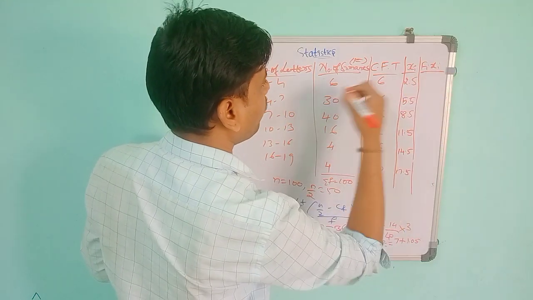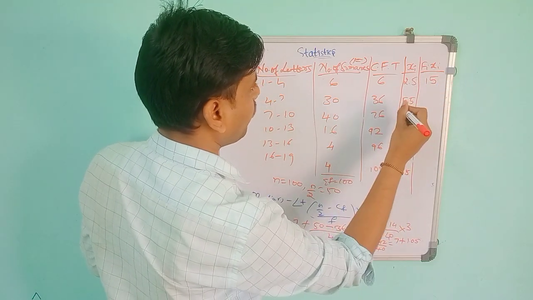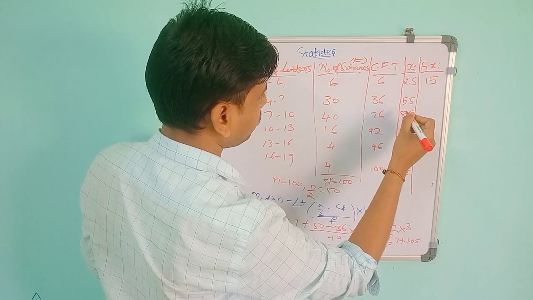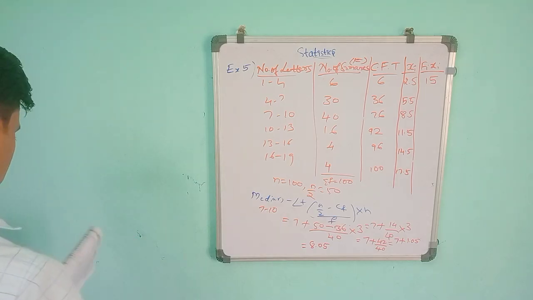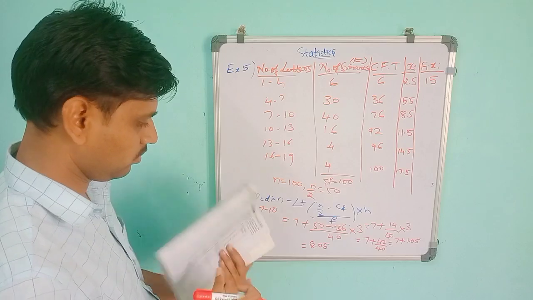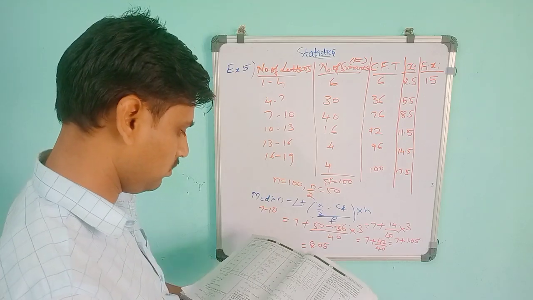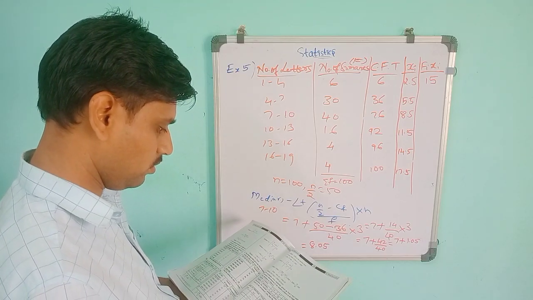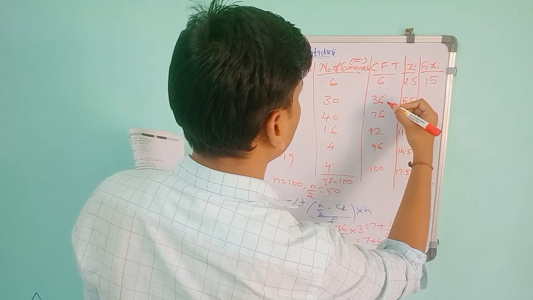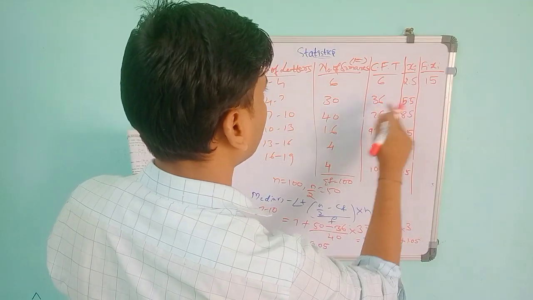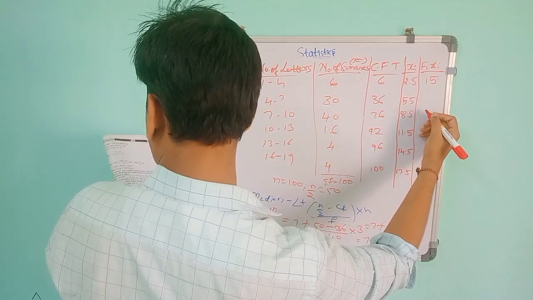So 6 into 2.5 is 15. Then 30 into 5.5: 30 times 5 is 150, 30 times 0.5 is 15, so 165.